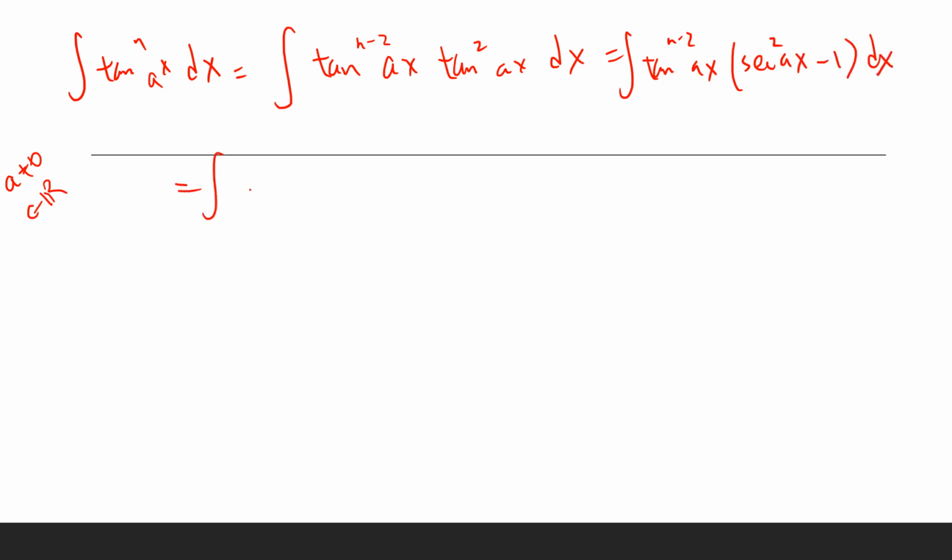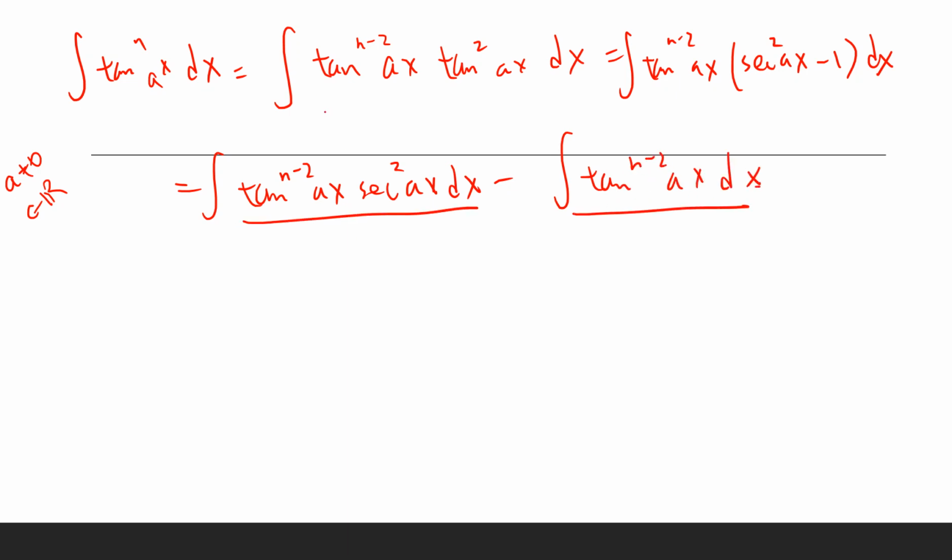So the first one is just tangent n minus 2 ax secant square ax dx minus tangent n minus 2 ax dx. So just expand it, and this is the tangent ax divided by 1 over a. So we use the integration by parts.